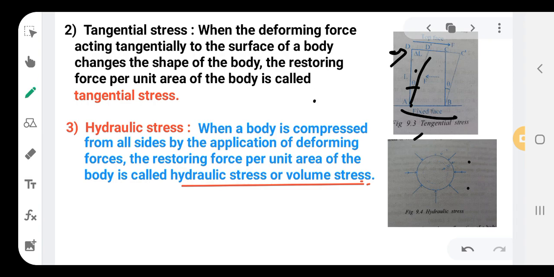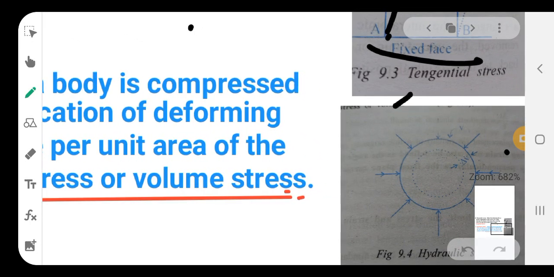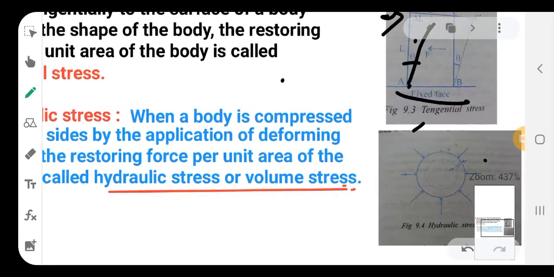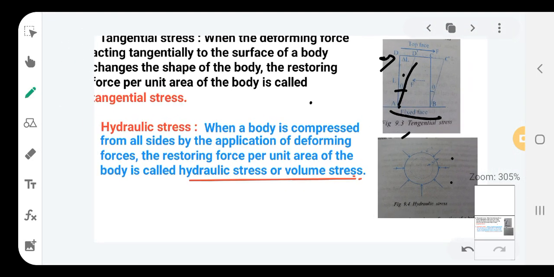Here the force is applied on all sides of the sphere. There is a shrink in the volume of the body. So how much is the shrink? That is delta V. So this type of stress is known as the hydraulic stress.